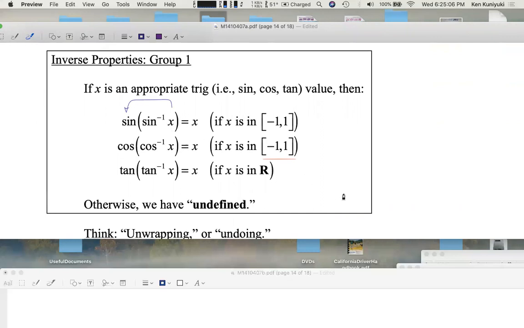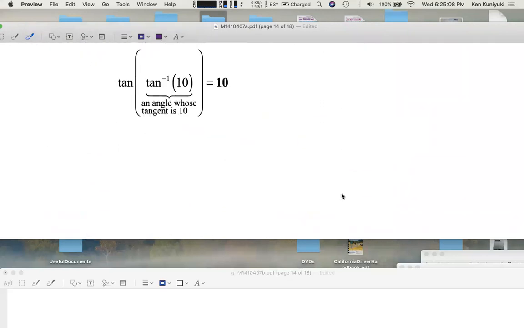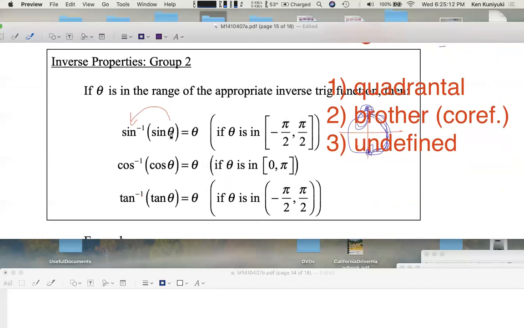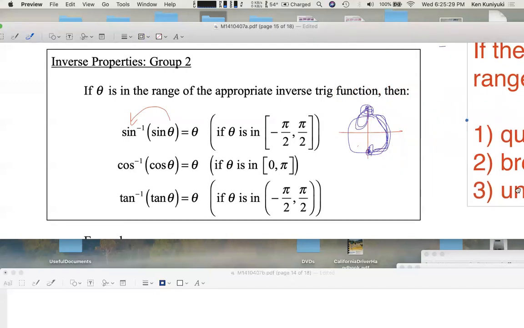It's a great inverse property. It works cleanly. But if theta is not in the range of that outer function, an inverse trig function, then the answer will not be theta itself. It'll either be some other quadrantal angle, some other brother or coreference angle, or the answer is undefined.